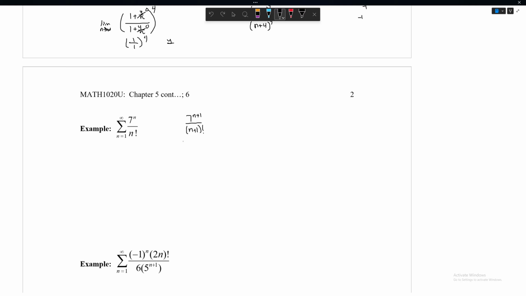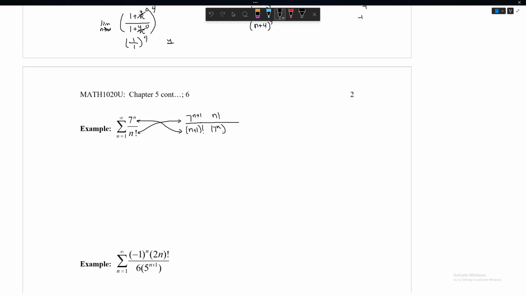Okay? And so now when I get this, what I can do is flip and multiply all in one step. I know I'll have to divide by this, and I know I'll have to flip and multiply. So what you can do is just take the denominator, put it in the numerator, and take the numerator, put it in the denominator. And so what I'll get is n factorial times 7 to the n.